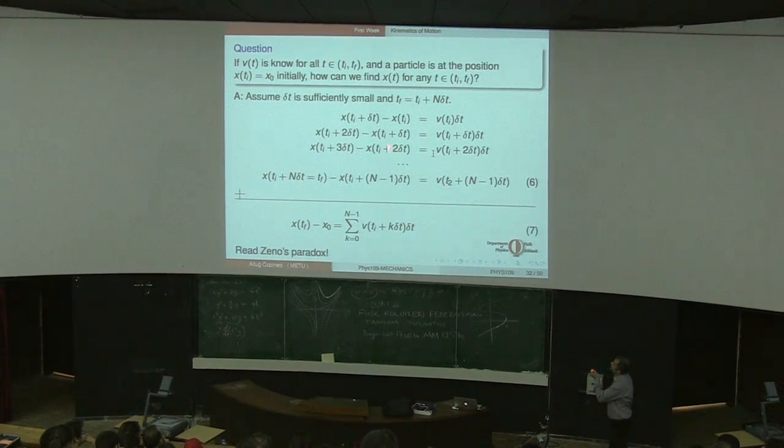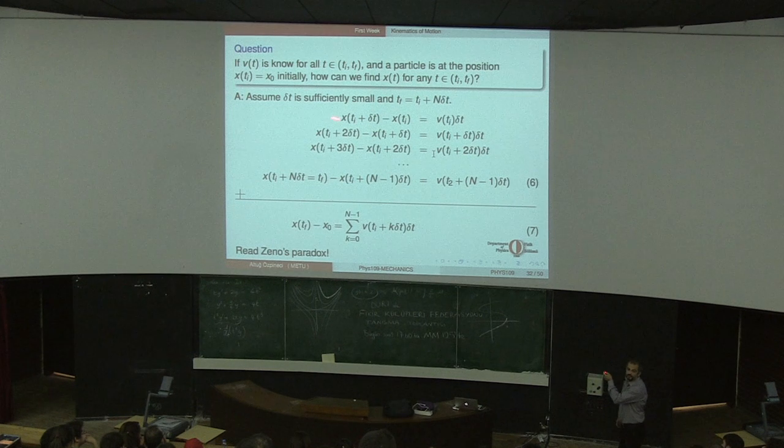Well, I can do this step-by-step evolution of the position of my particle until I reach the final time, each by very small steps. If I sum everything up, if you look here, I have the position at time ti plus delta t with a plus sign. I have the same thing with a minus sign.